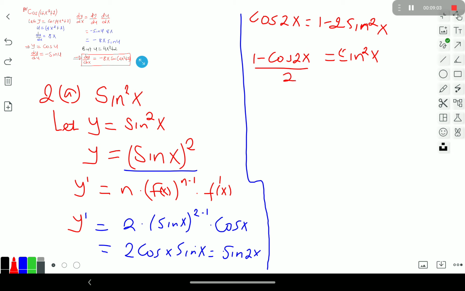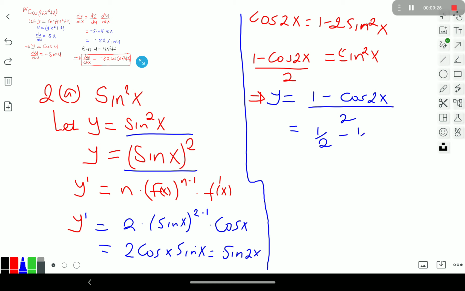That means our y will be equal to sin squared x, which is 1 minus cos 2x divided by 2. This can be separated as 1 over 2 minus 1 over 2 cos 2x.